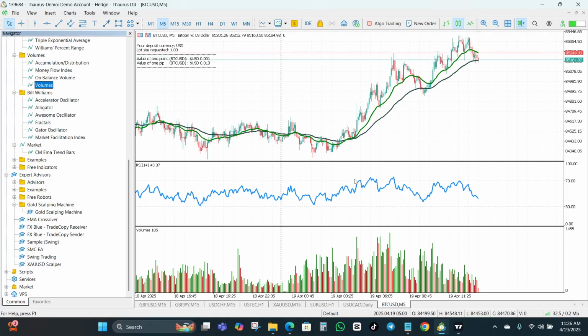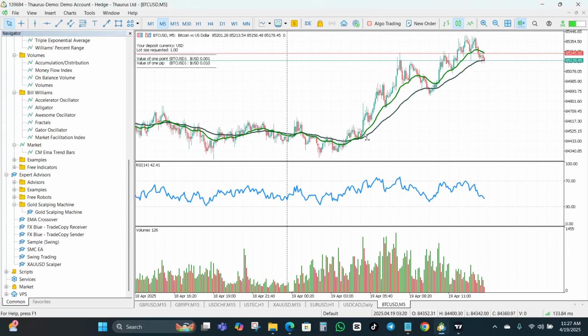For trend identification, you look for the EMAs to cross in the direction of the trend. Okay, the 20 EMA should cross above the 50 EMA. That shows a bullish trend, right? And price must be trading above the EMAs. So that is a buy opportunity. We should be looking for buy trades.